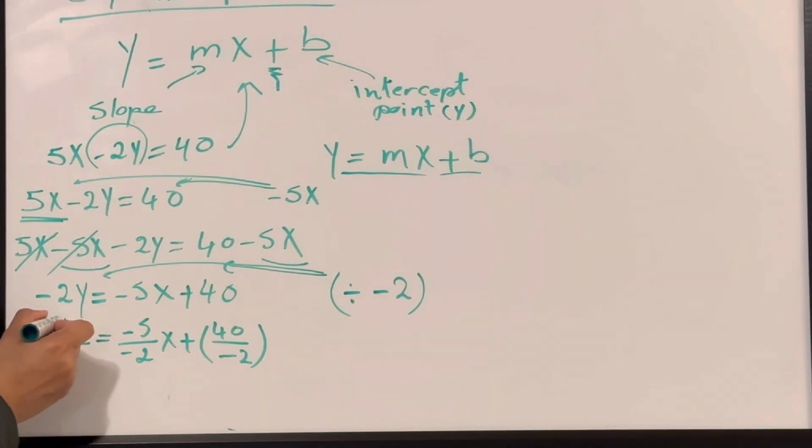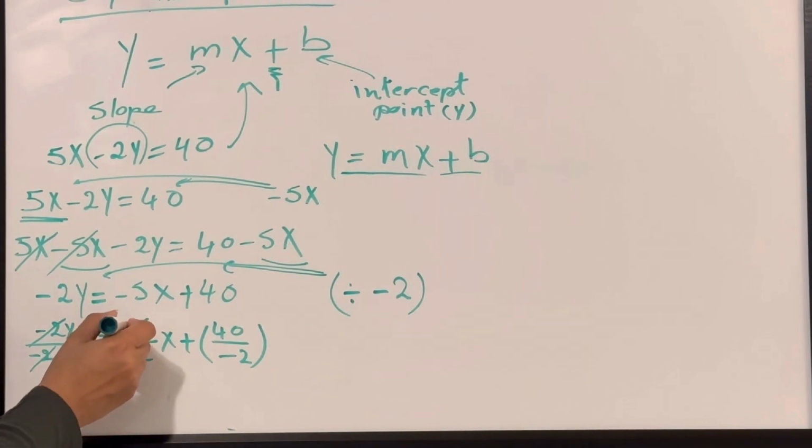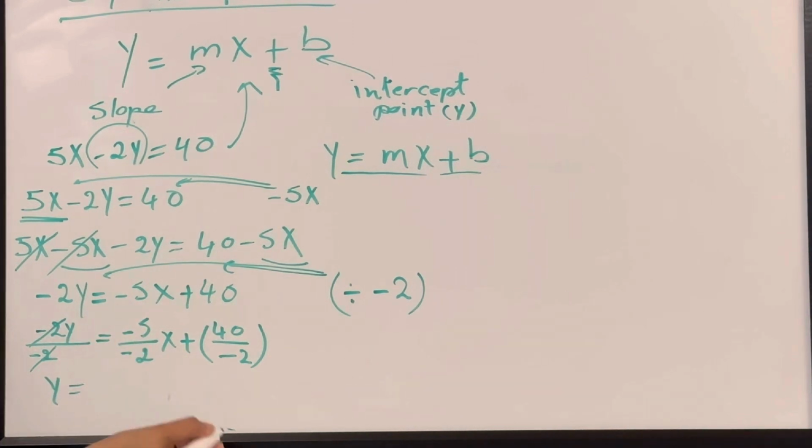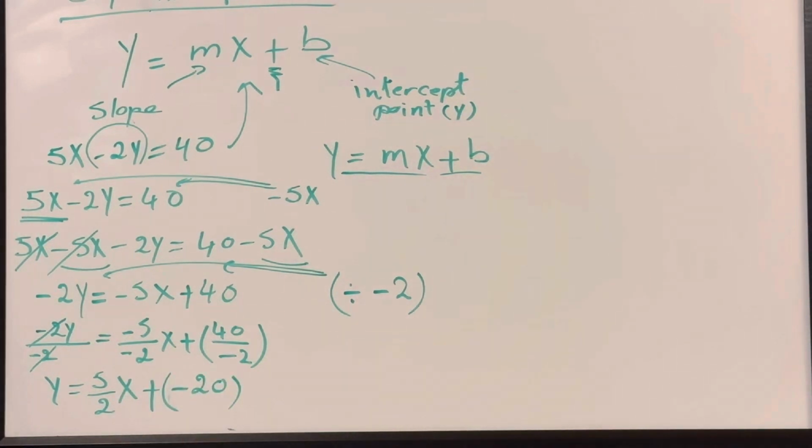I can simplify minus 2 by minus 2, then I will have y by itself equal minus divided by minus, it's positive, so this will leave me 5 over 2x plus 40 divided by 2 is 20, and because it's minus, it will give me minus 20.